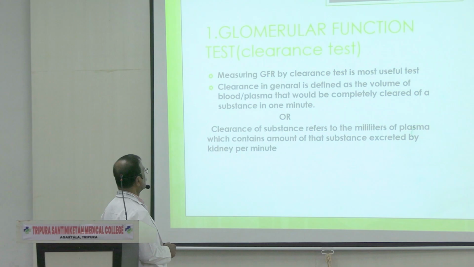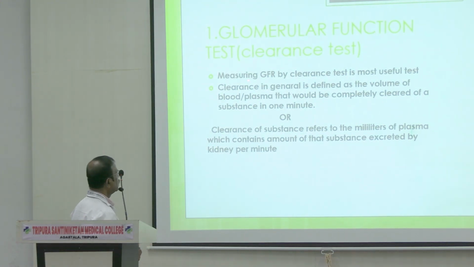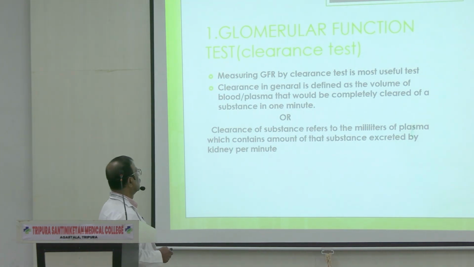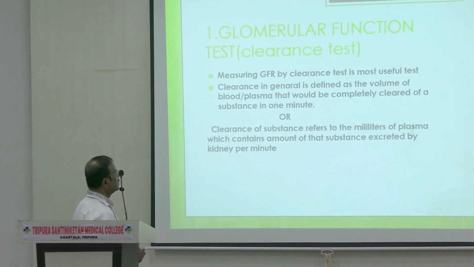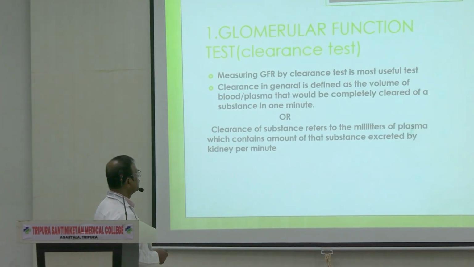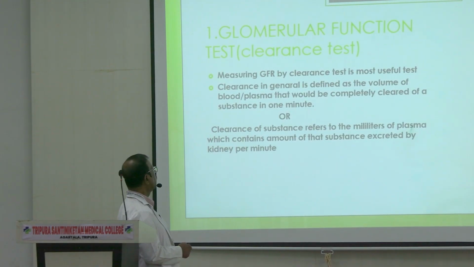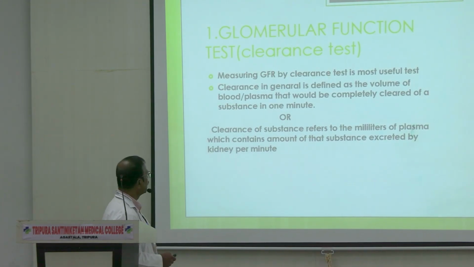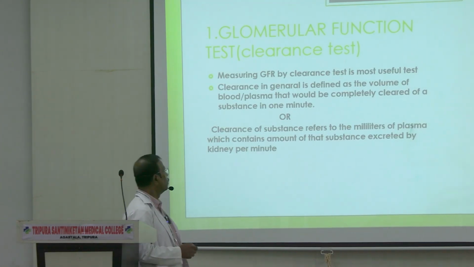Glomerular function test, measuring of GFR by clearance test is most useful test. Clearance is defined as, in general, the volume of blood or plasma that would be completely cleared of a substance in 1 minute.